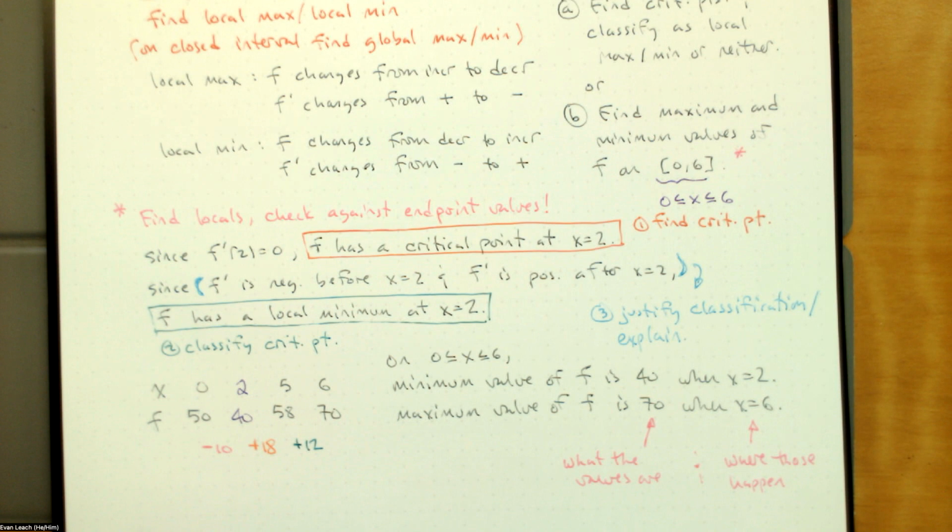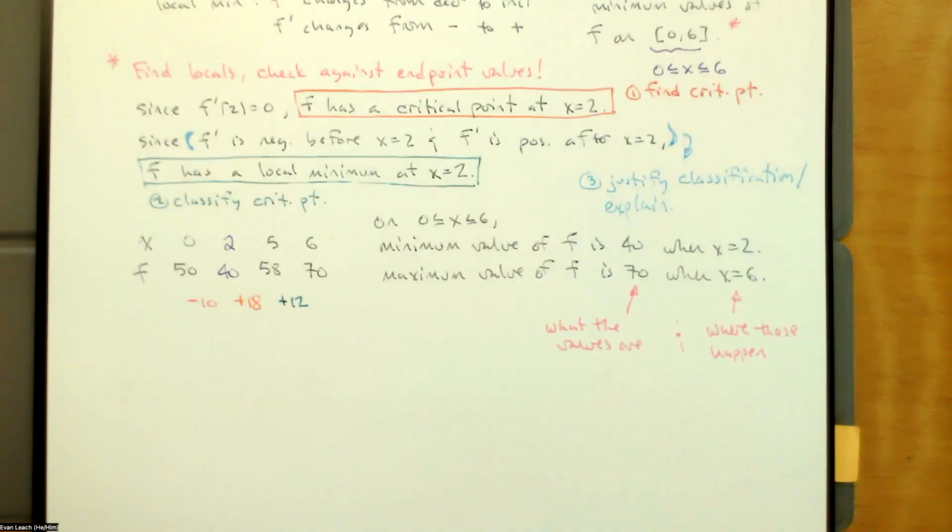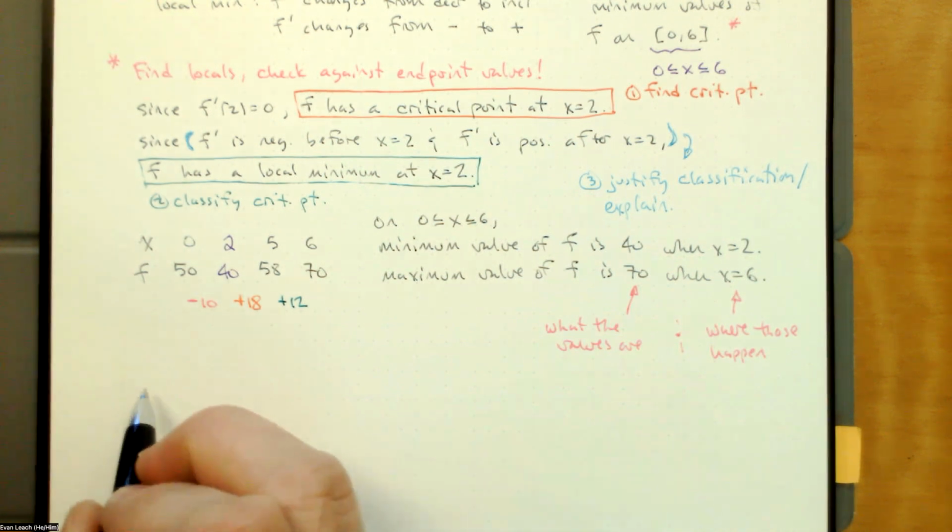All right. So the other thing that we can determine looking at the derivative, this is all just looking at direction of the function. The other thing we can do is look at the direction of the derivative and determine the concavity of the function.